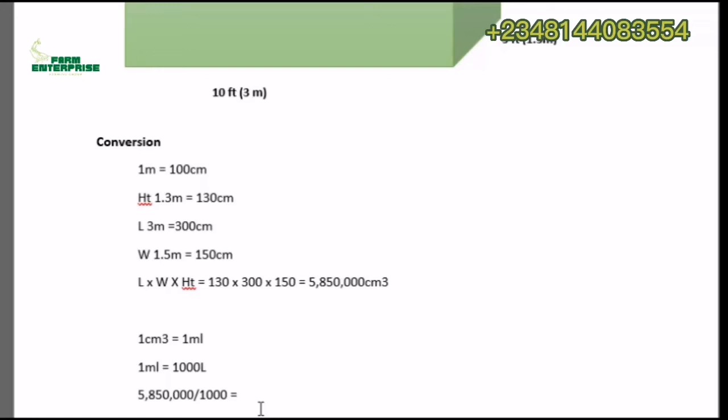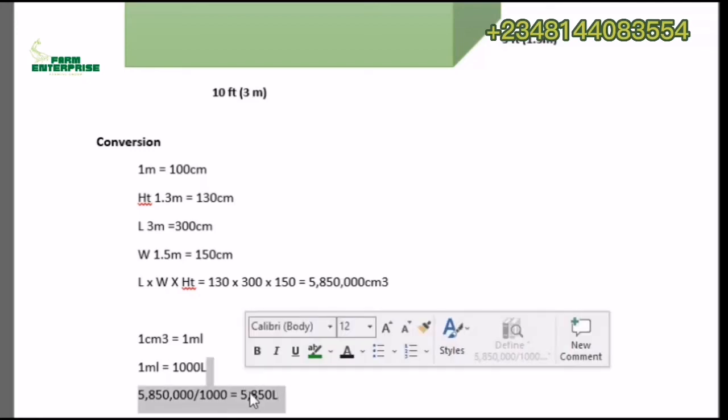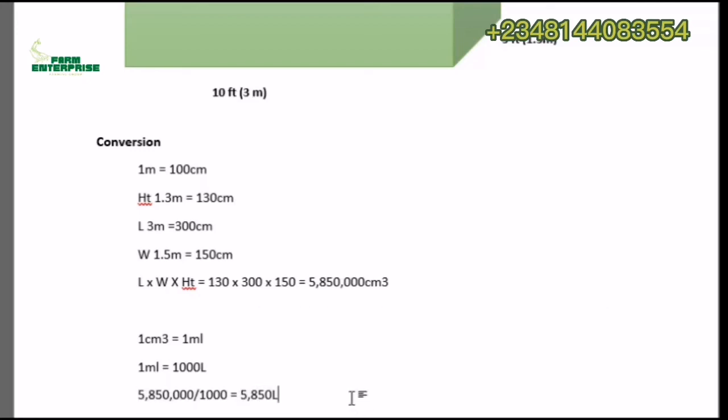So once we divide this, we'll have 5,850. So 5,850 liters. Now this is the liters in this pond, a 10 by 5 pond by 4 feet height. Remember I said it is the water level that we are checking, not the total pond. So this is the volume of water in this pond.